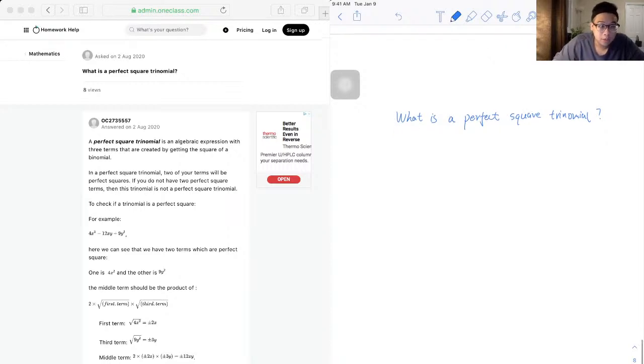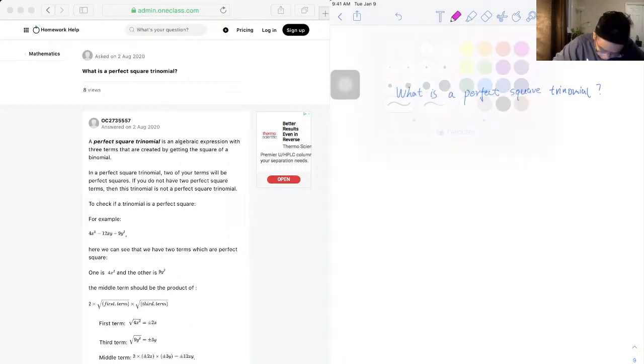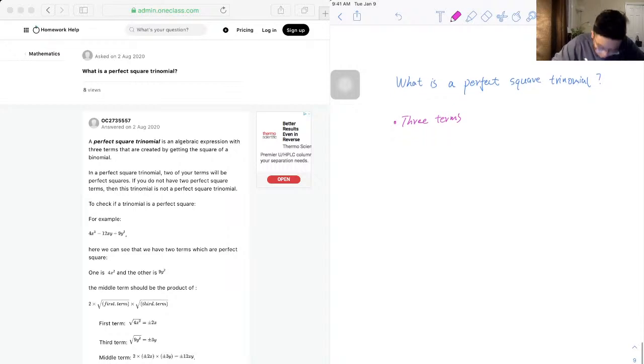A perfect square trinomial is an algebraic expression with three terms that are created by getting the square of a binomial.